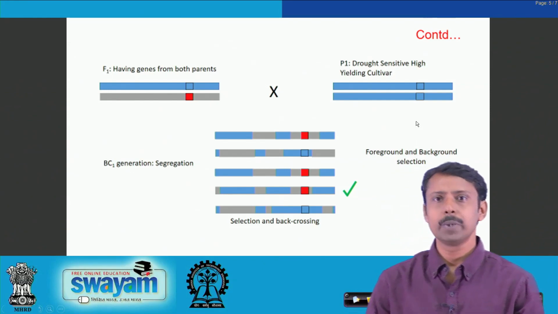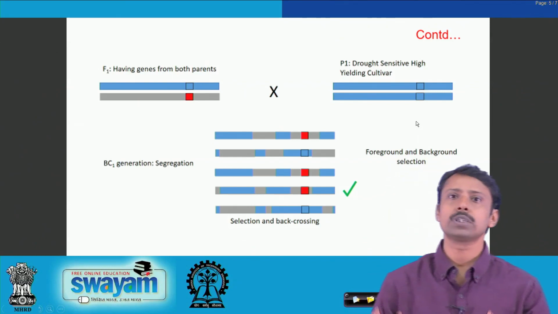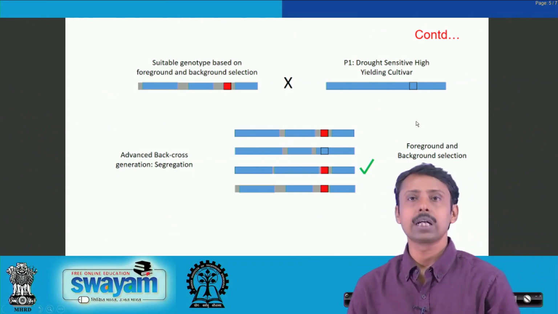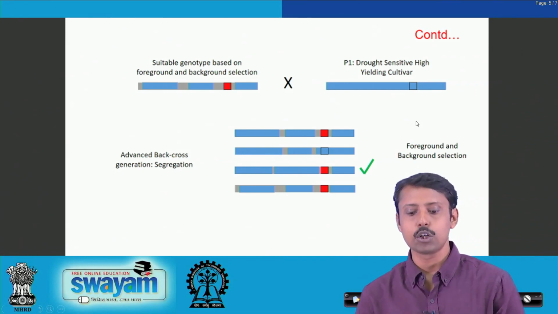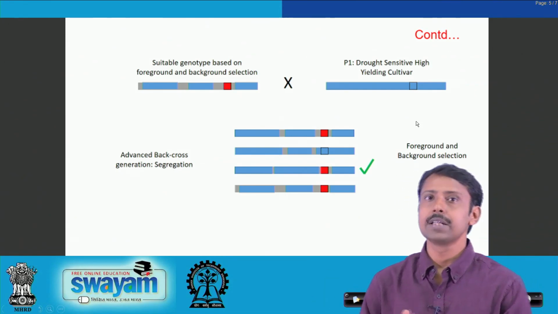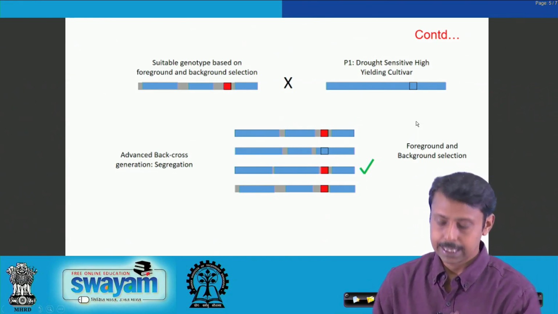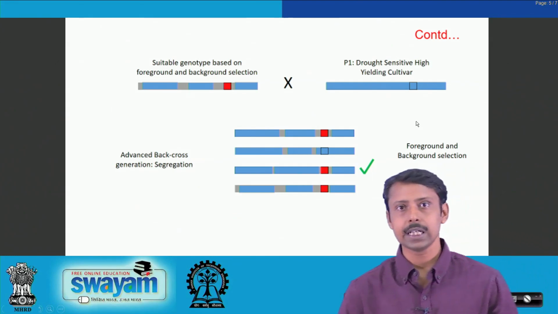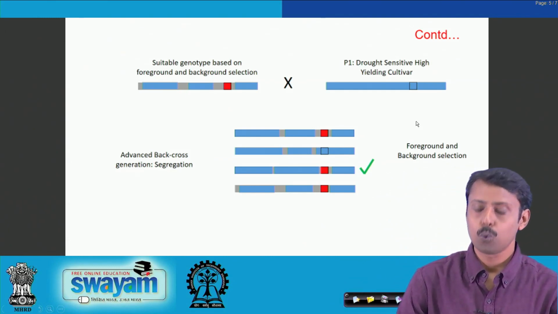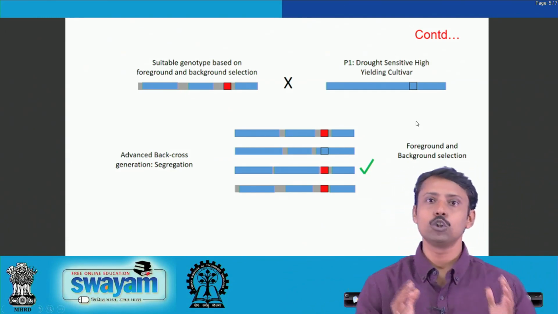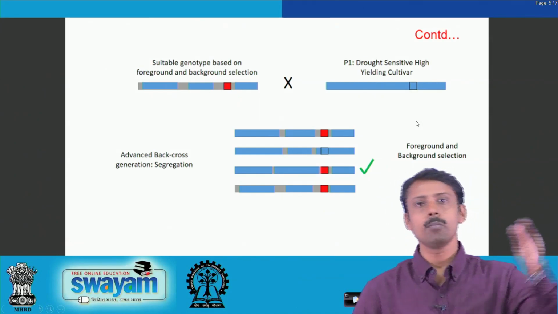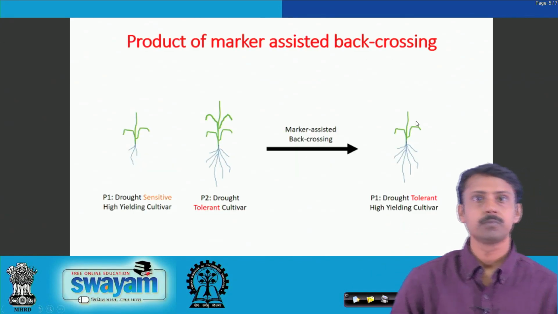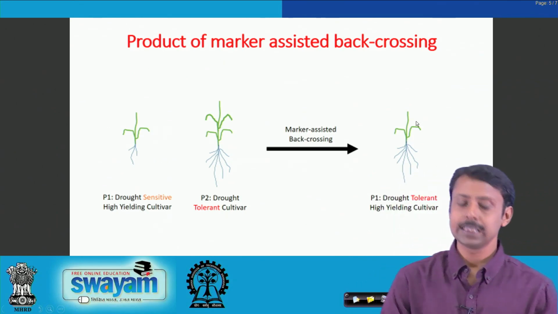At least 3 to 4 generations of backcross are needed, and finally we can get a product like this one, where most of the genome has been recovered from the high yielding cultivar, but the drought tolerant gene has been integrated from the donor parent. So, this will be the product of marker assisted backcrossing.